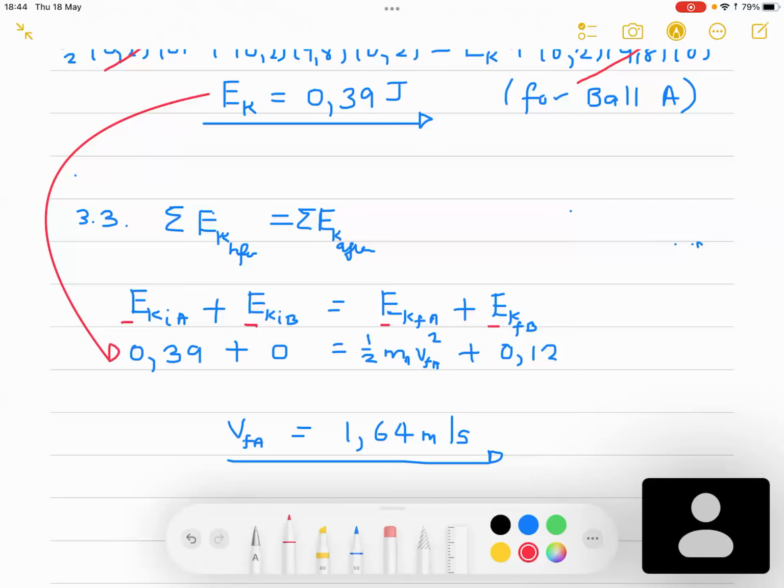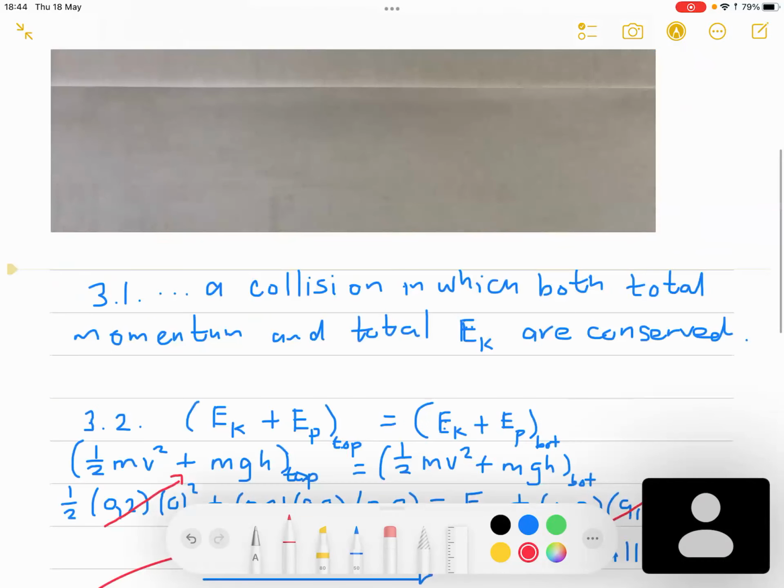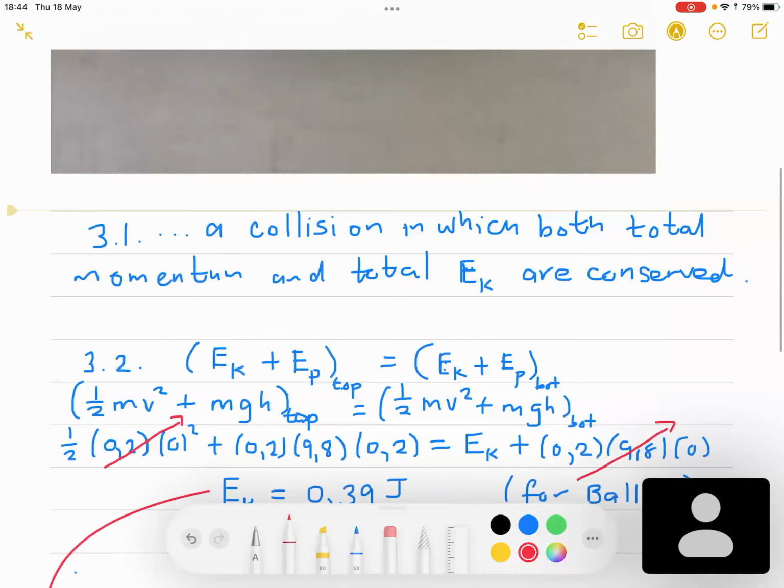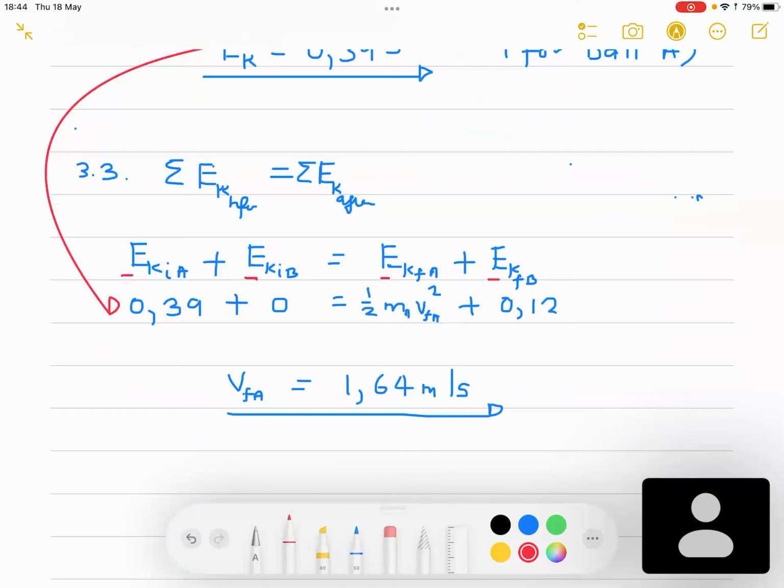We calculated it there. The initial kinetic energy for ball B, because it's just stationary here, V is equal to 0. So a half mv squared is 0. So the initial kinetic energy for ball B is just 0.